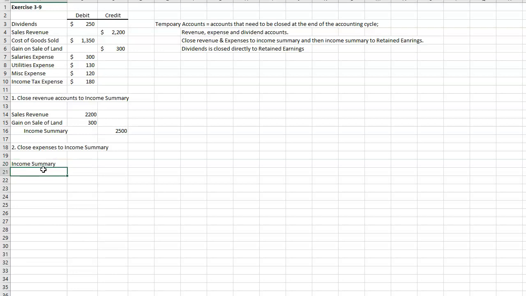I can't do the total yet because I don't know it. So I'm going to do the expenses. You have to list them all out. So I'm going to have cost of goods sold for $1,350, $130, $120, and $180. Salary expense.